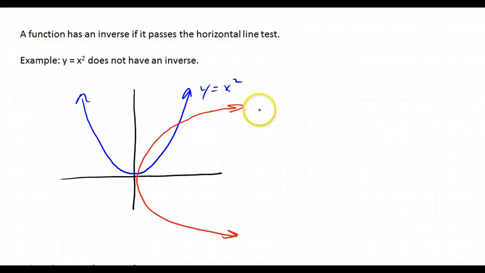Okay, and the inverse does not pass the vertical line test. So without having to graph the inverse function, we just say, well, if the original function doesn't pass the horizontal line test, then the inverse will not pass a vertical line test, so it does not have an inverse.